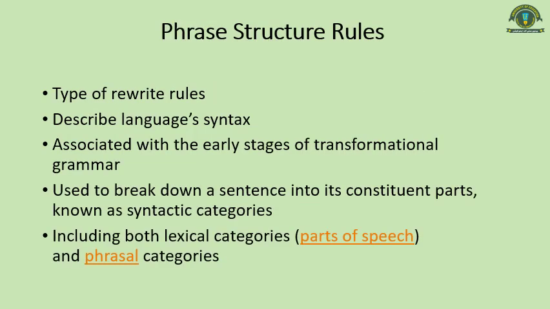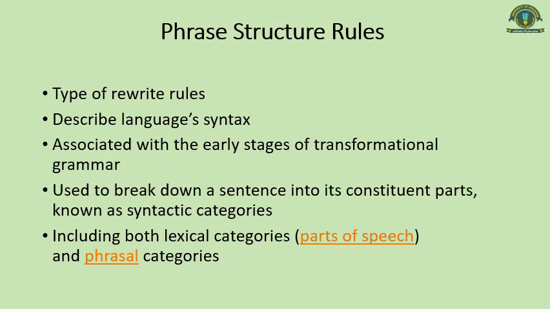This transformational grammar theory gives phrase structure rules. Phrase structure rules are a type of rewrite rules that you use to describe a given language syntax and are closely associated with the early stages of transformational grammar proposed by Noam Chomsky in 1957.